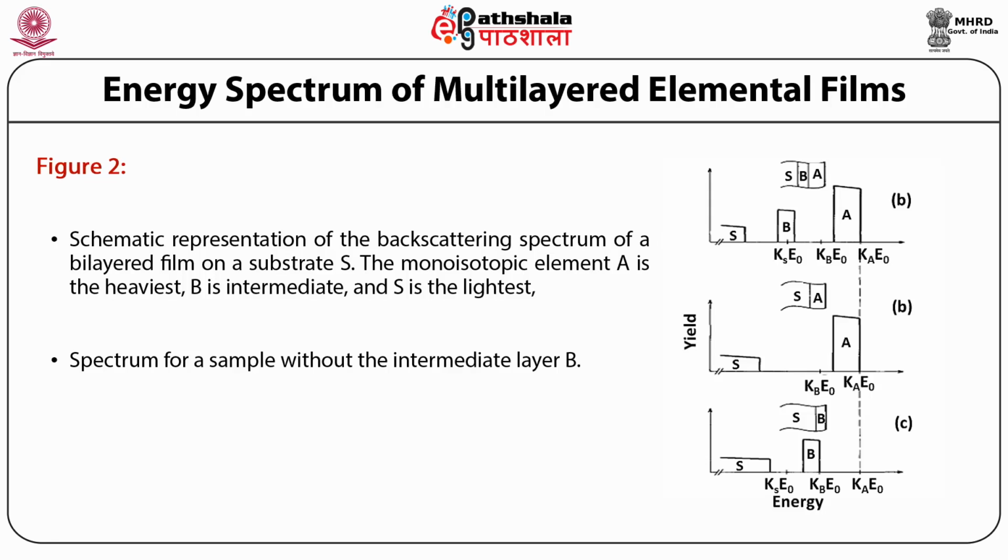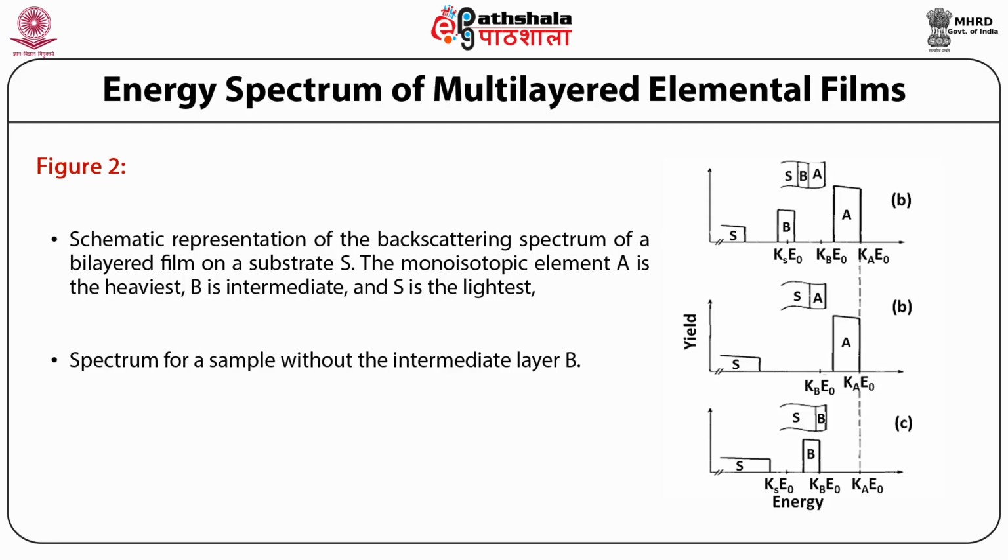The signal of A is unchanged because the spectrum of a surface layer is not influenced by the underlying material. This is so because both A and B act as energy absorbers for S. The removal of B reduces the absorbing layer to the thickness of A only.